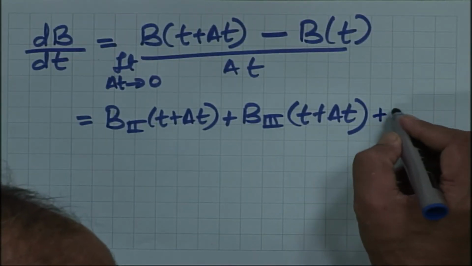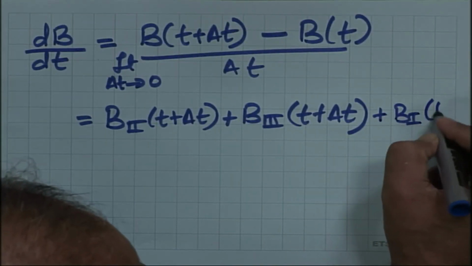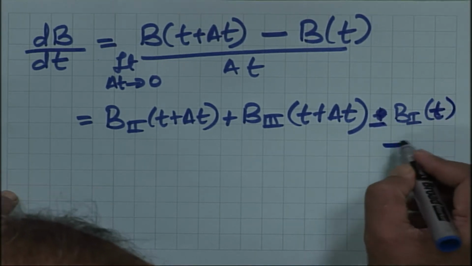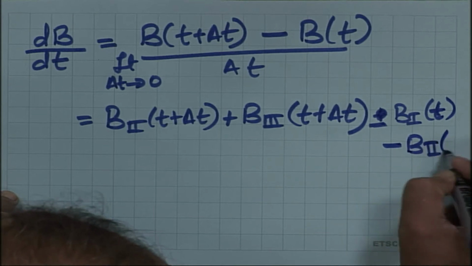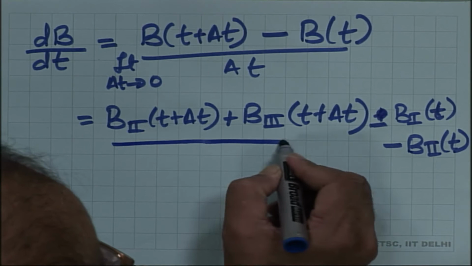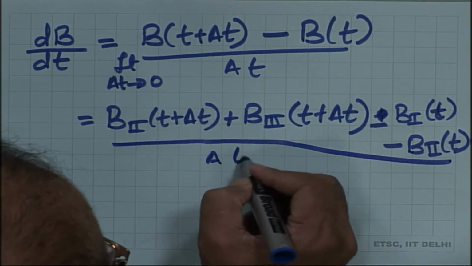So, from here we have to subtract B1 at t minus B2 at time t, and this whole thing is to be divided by delta t.